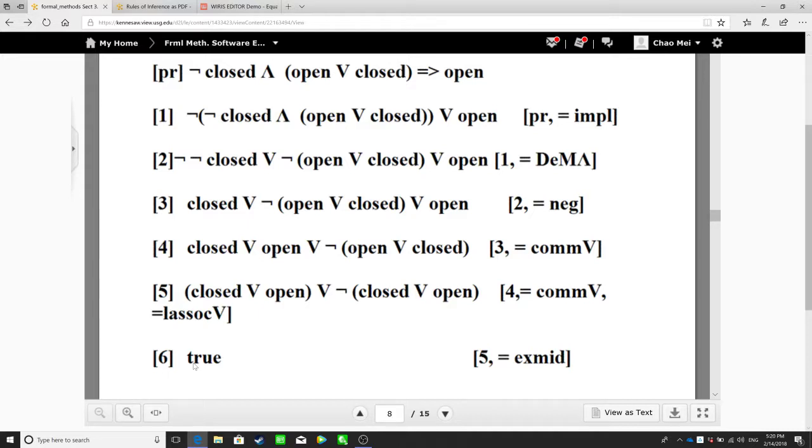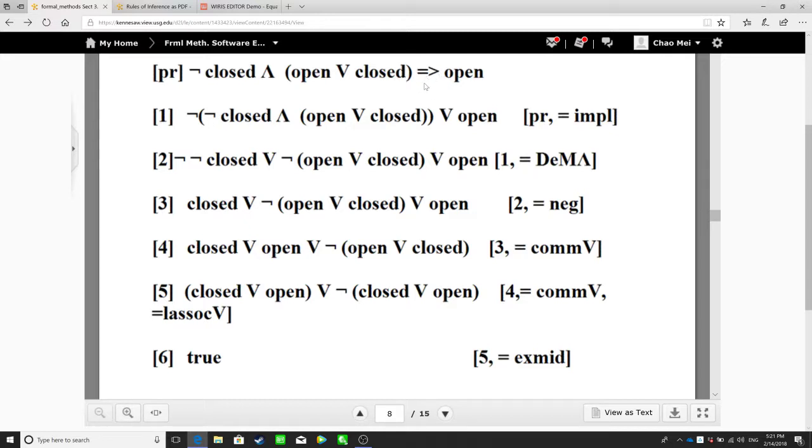So the first step is you try to use some variables to replace whatever is mentioned in your question, and then you rewrite them as this conjunction and implication. The third step, you use the IMPL rule to change this implication to or, and then put this negation to the left side of this implication.